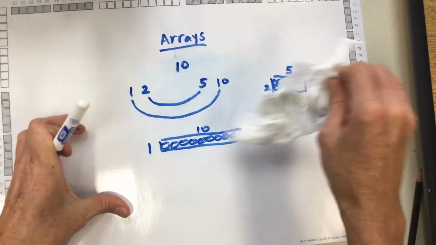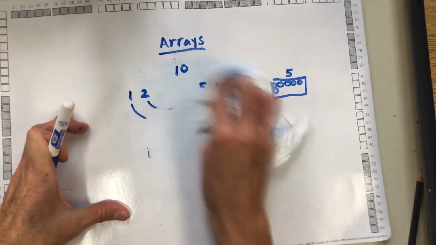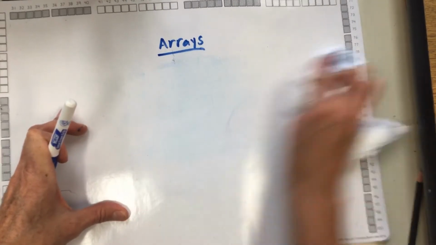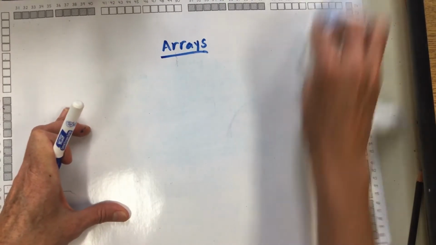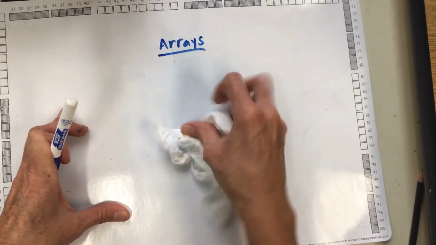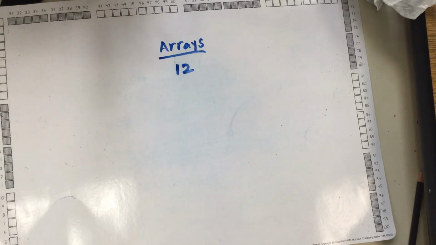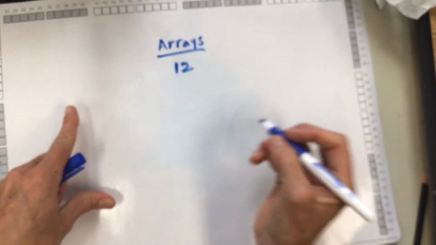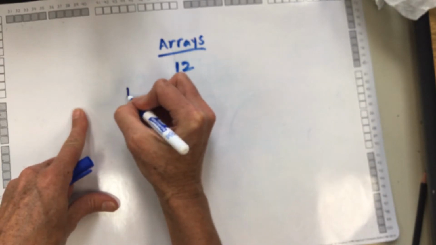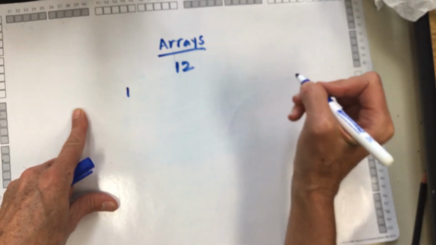Okay, so I'm going to try it again with another number, and in this case, let's see if I can make more arrays with a certain number. So I'm going to use the number, let's say, I'll do 12. Once again, I want to start with the smallest factor of 12, and we know that's 1. 1 is the smallest. 1 times anything is the number.